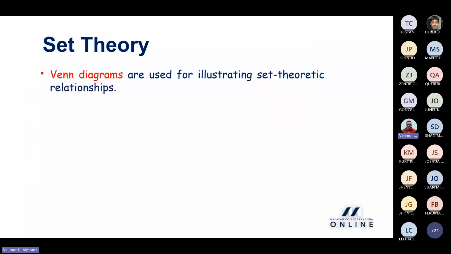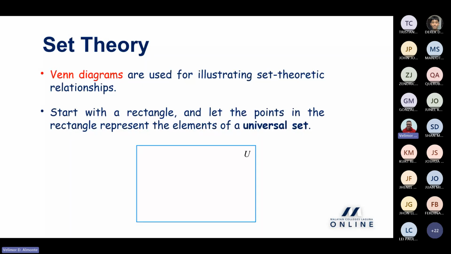So I'm sure you're familiar with Venn diagrams, visualization of sets. We usually use a rectangle for the universal set and circles or ellipses for the subsets. So when you discuss sets under a universal set, all sets are automatically subsets of the universal set. So it will be the biggest set under discussion.